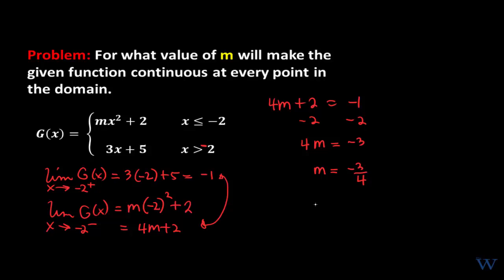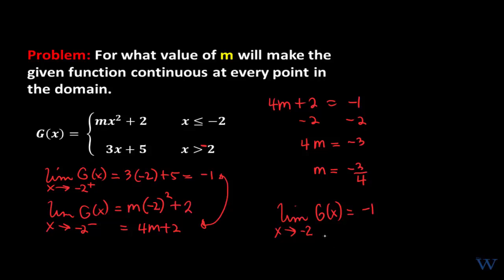So here we've seen that if m is equal to -3 over 4, then the limit of g of x as x approaches -2 will be equal to -1. See?